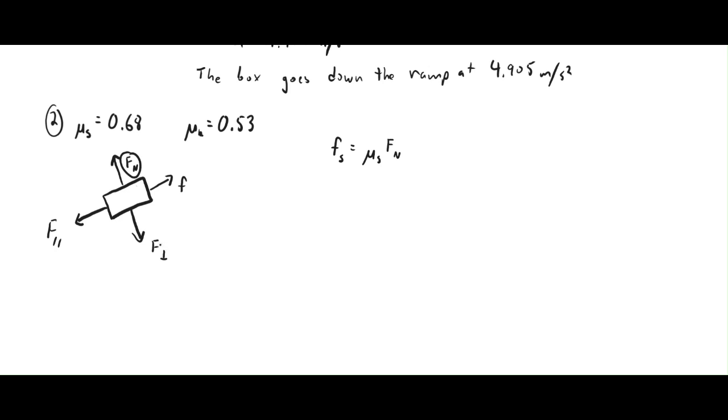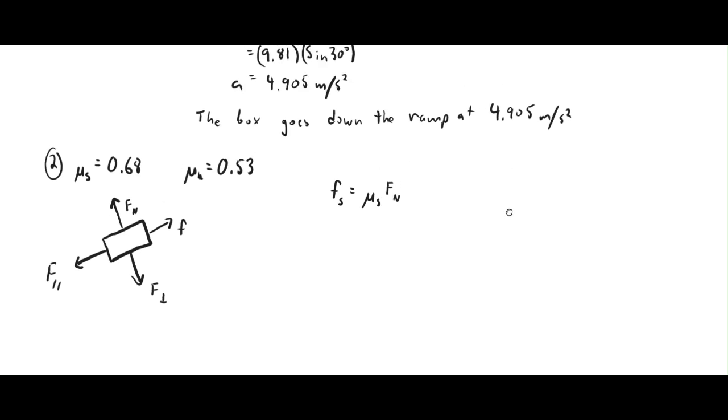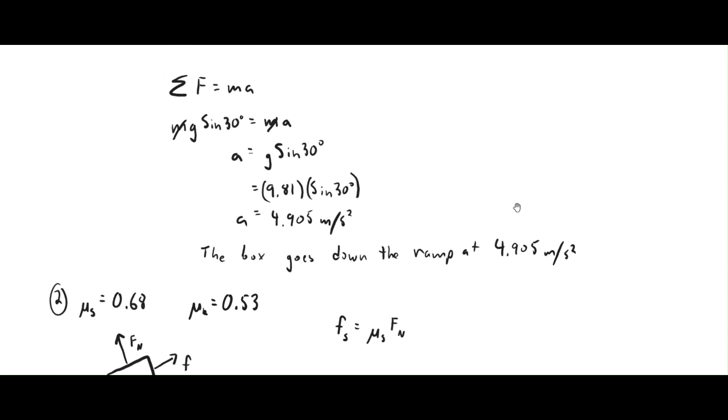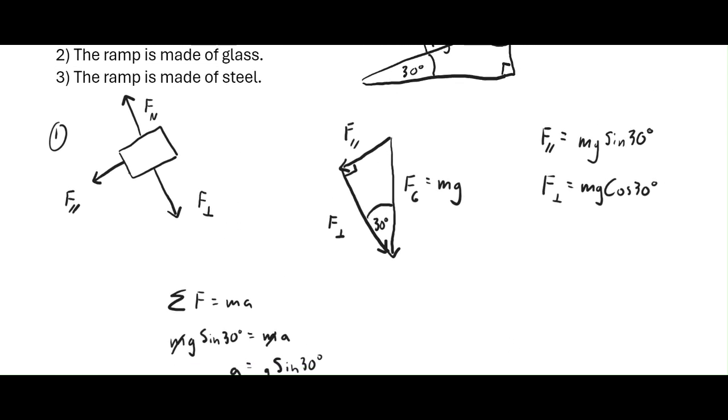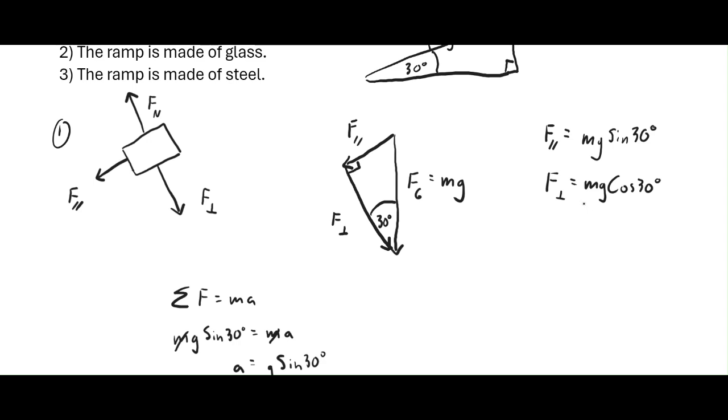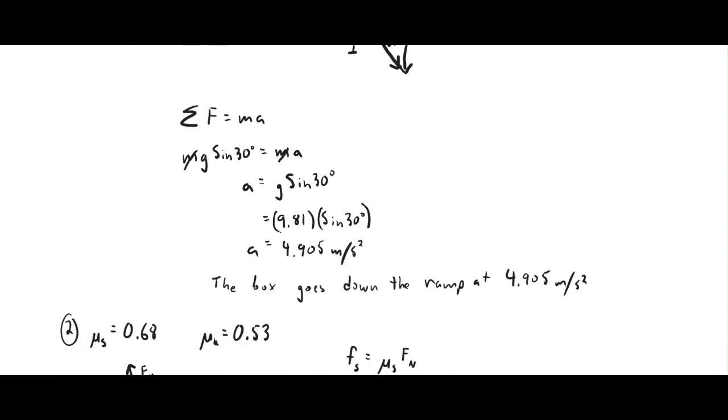But this normal force is just going to be equal to the part of gravity that's going into the ramp, because it exactly balances it out so that the box doesn't float up off the ramp and it doesn't go into the ramp. So this Fn, the normal force, is just equal to that perpendicular force. Let's go back up and find what our expression was. So here's that perpendicular force. It was mass times gravity times cos 30. So that's what we want.